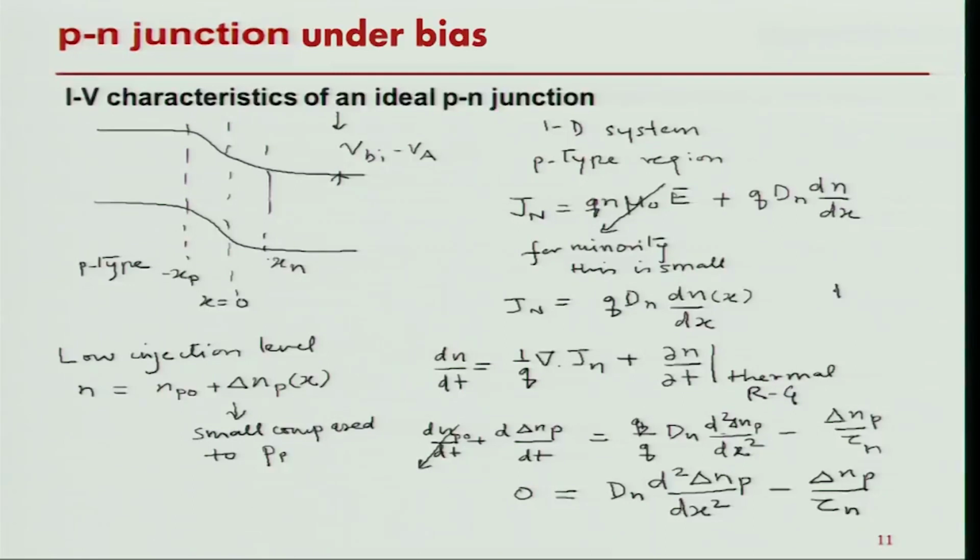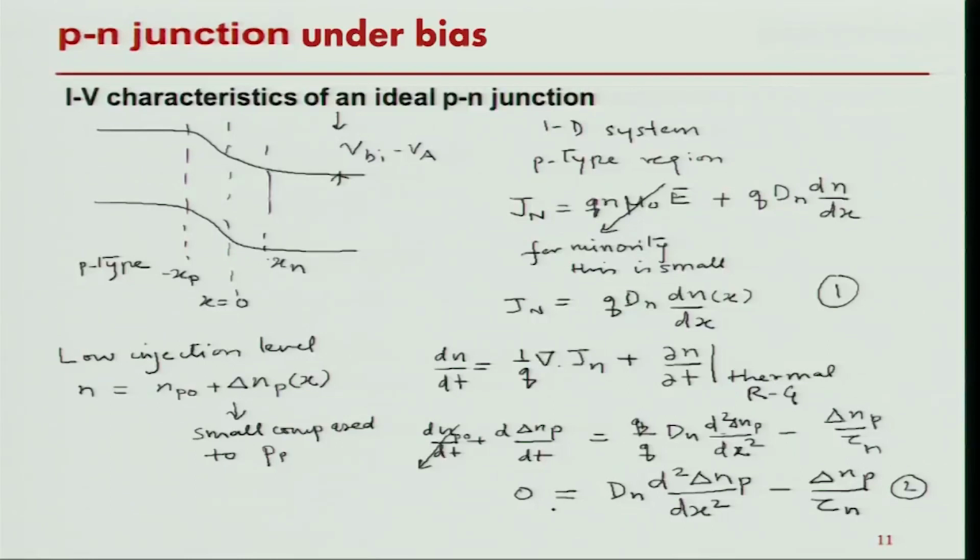So, I have one equation for describing the electron current in the p type, which as we discussed comes because of injection of electrons, and then I have the continuity equation which I can solve to get an expression for electron concentration in the p type, and all this is because of the low injection approximation, where I can put the electron concentration as the equilibrium electron concentration plus the excess electron concentration.